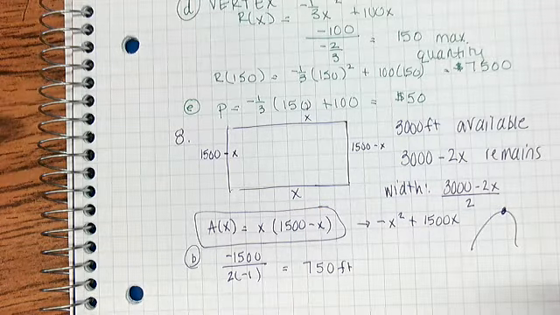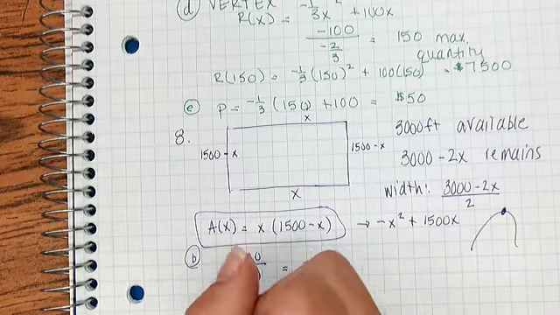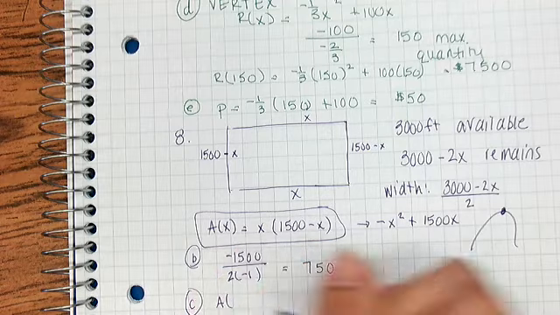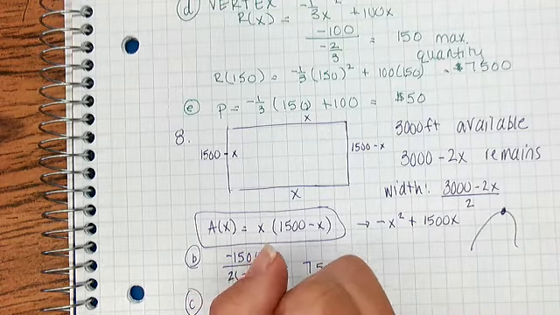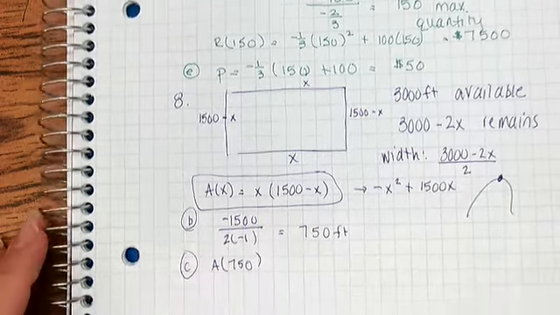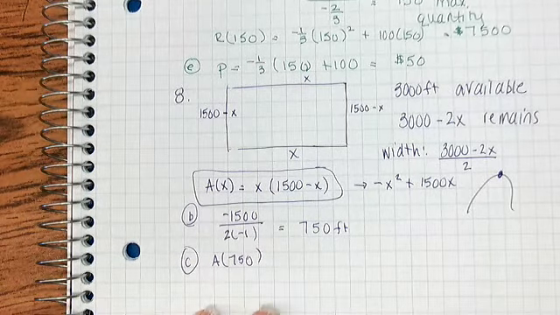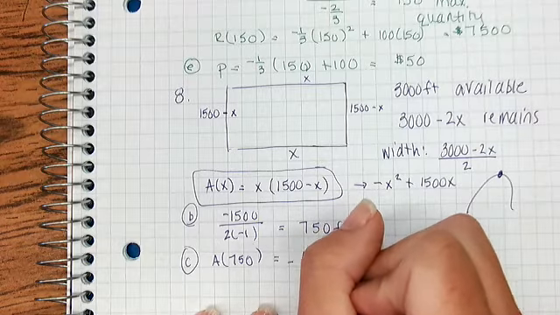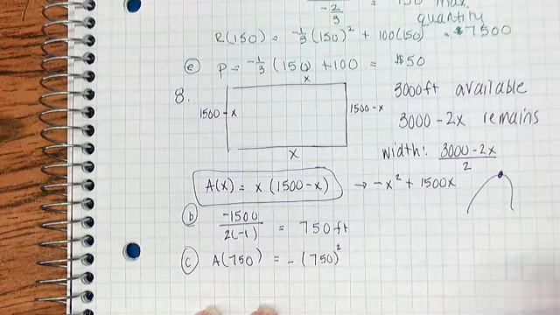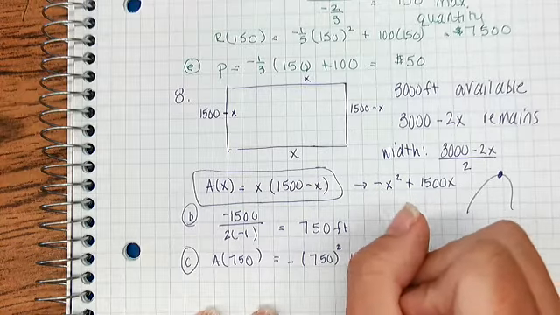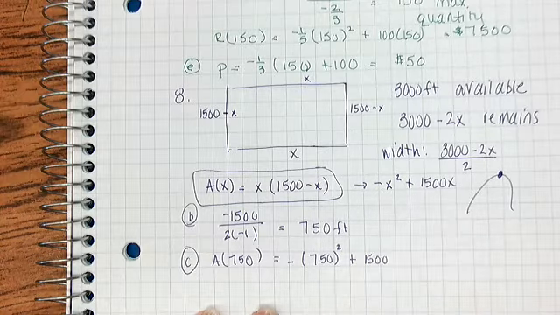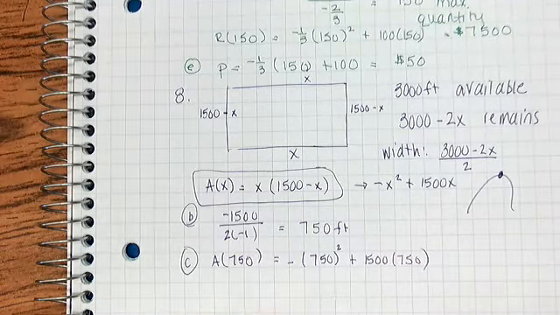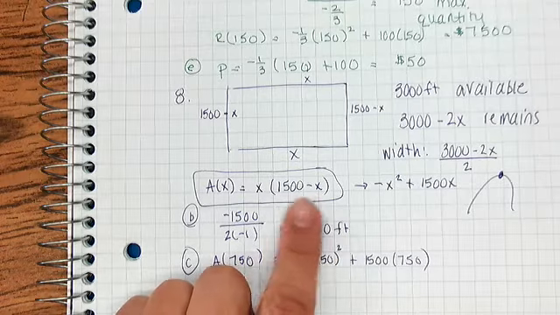And what is the maximum area? Plug in. So the maximum area is the A of 750. So that is negative 750 squared plus 1500 times 750. I can plug in right here. That's totally fine.